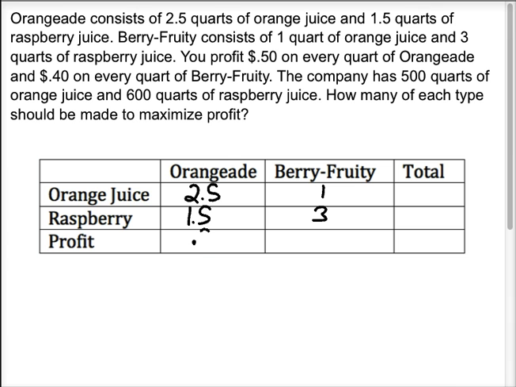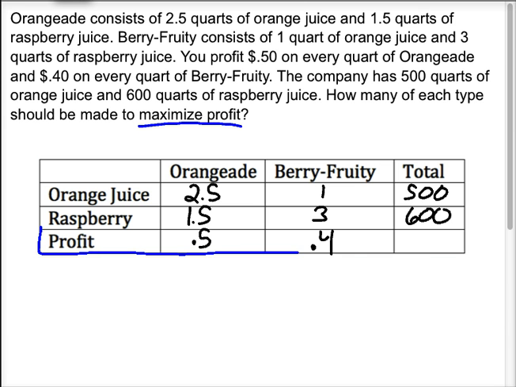You profit 50 cents on Orangeade and 40 cents on Berry Fruity. They have 500 quarts of orange juice on hand, 600 quarts of raspberry juice on hand. And we're trying to maximize the profit. So I'm trying to maximize the profit.